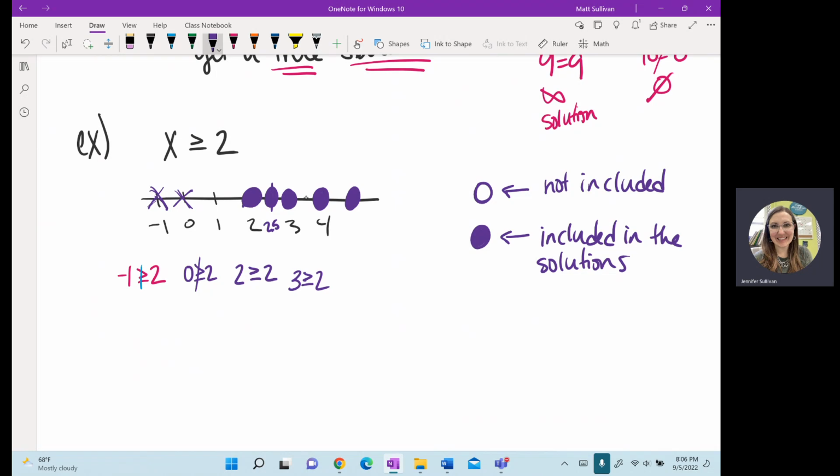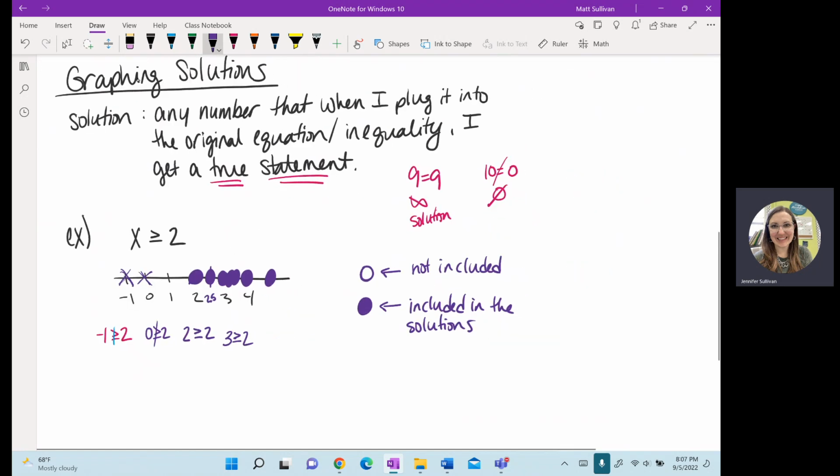How about 3.5? Yeah. How about 3.1? Yeah. All of a sudden, every single crazy decimal that I can write down greater than 2 is going to be included in my solutions. So if I'm going to make a graph of all the solutions, we use shading.